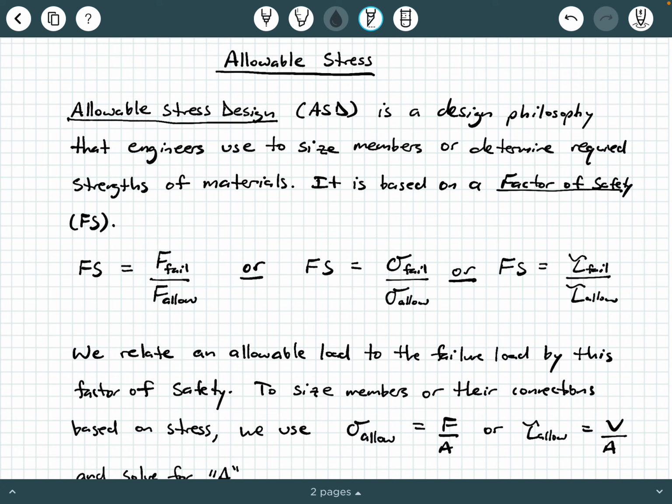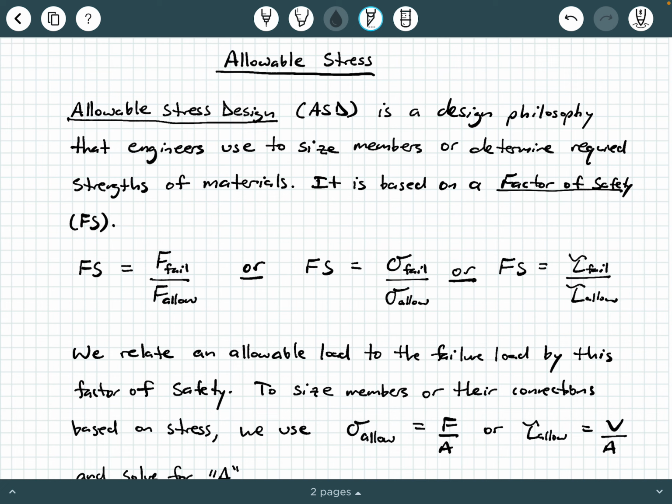Now, if you design or size that component to handle exactly 25 kips, and you expect there to be 25 kips on that component, then what's your factor of safety? Well, it would just be 1, which is not very safe. That means that when that component is subject to the 25 kips you expect, if it's only strong enough to support 25 kips, then you're on the precipice of failure.